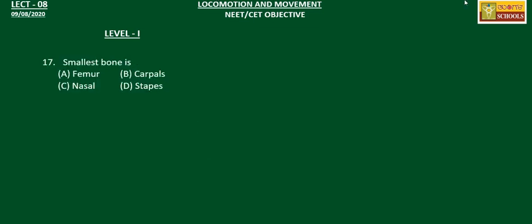So the next question, smallest bone is. So the first option here we have is a femur. So the femur is the longest and strongest bone in the entire body. Coming to these carpals, the carpals are not the smallest bones, and nor are the nasal bones.